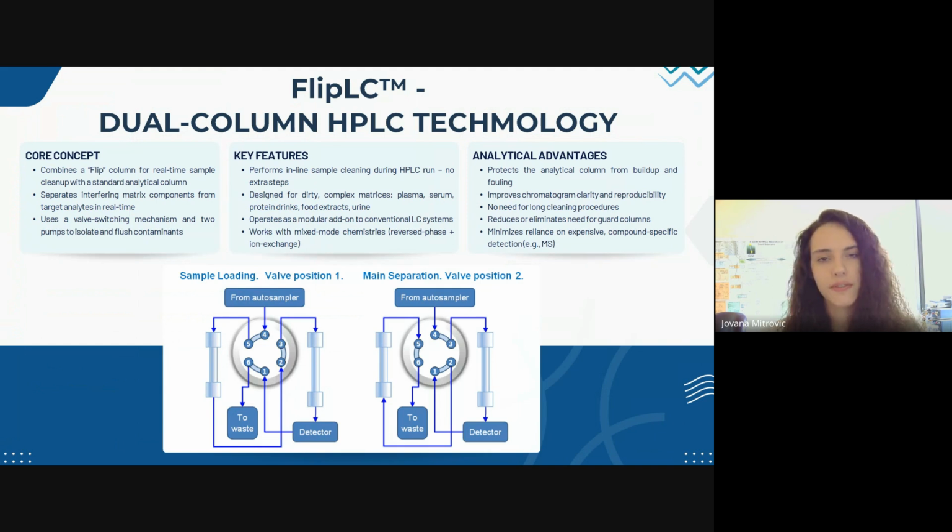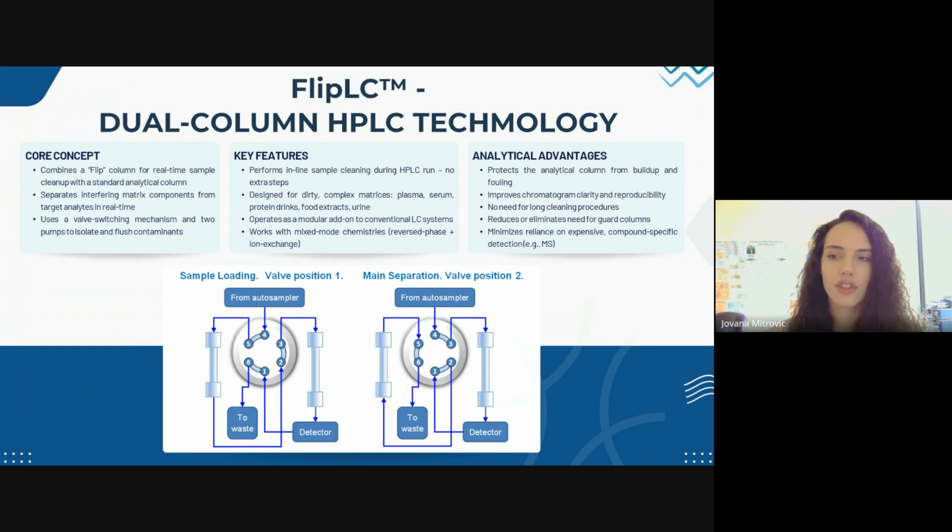Now let's shift to a completely different but equally powerful innovation: HPLC, our dual column chromatography platform designed specifically to tackle sample matrix complexity in real time. In many real-world applications like food, biological fluids, or environmental samples, we don't just face challenges from the analytes themselves.